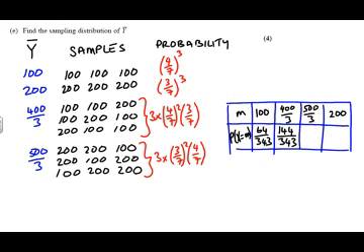The probability we get a mean of 500 over 3. That's the bottom calculation. 3 times 3 over 7 squared times 4 over 7. That will lead to 108 over 343. And finally, the probability for a mean of 200 is 3 over 7 cubed.